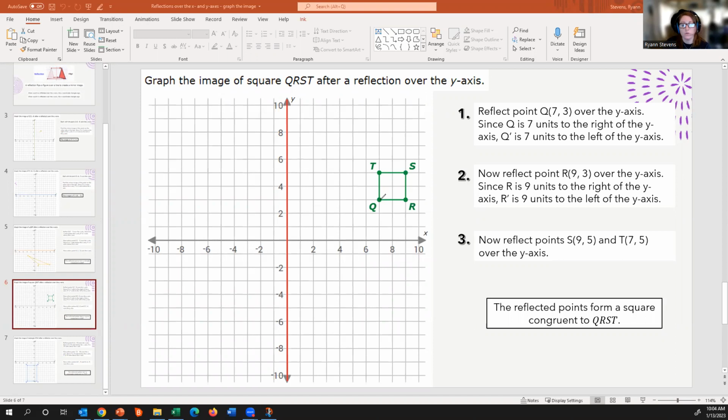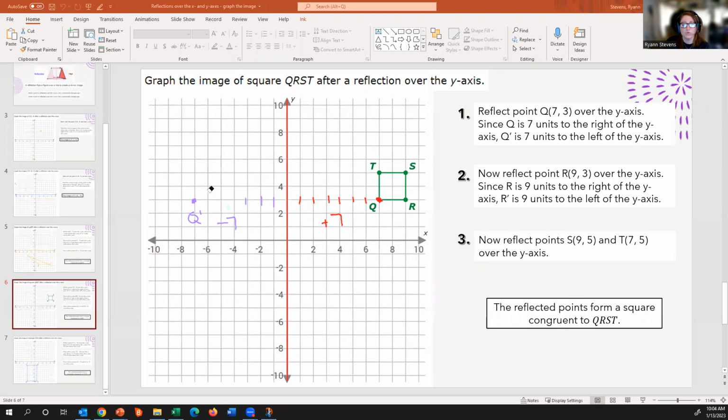We're going to start with this point Q, and see how far away Q is from that line of reflection. 1, 2, 3, 4, 5, 6, 7 places away. So we're going to go exactly 7 places in the other direction: 1, 2, 3, 4, 5, 6, and then 7 this way. And this is going to be Q prime.